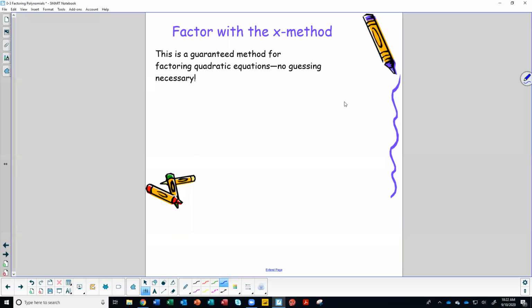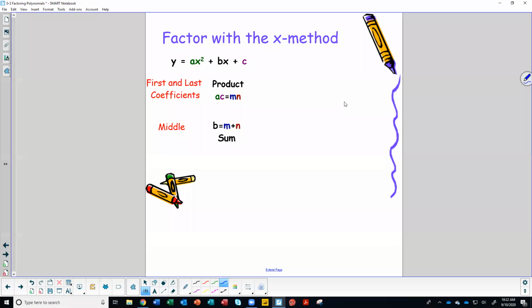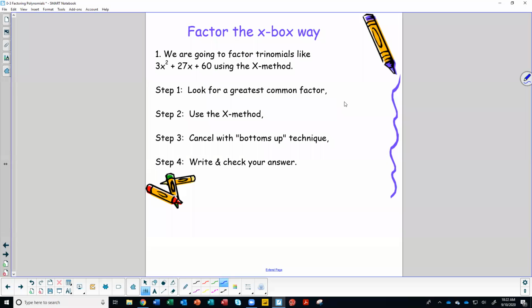So the first one is given here. 3x squared plus 27x plus 60. Now the first thing you need to do, what we did in the bell ringer, is look for a GCF. This does have a GCF. I see that 3 is a factor that can go in all 3 of these terms. So if I divide out that 3, I'm left with x squared plus 9x plus 20.